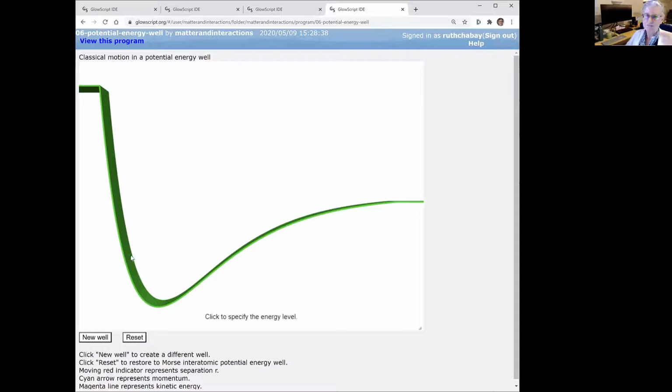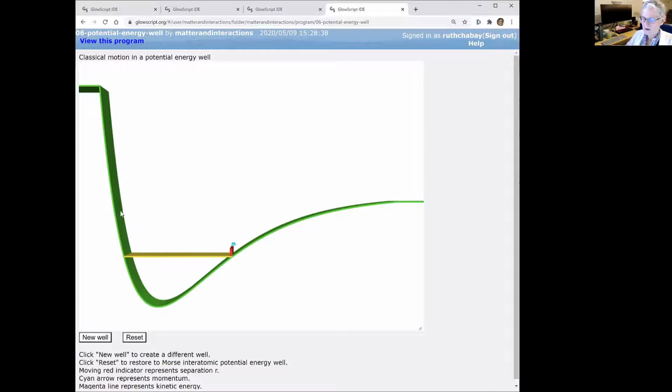We could visualize what would happen by picking a value of K plus U and thinking about, for example, a mass oscillating on a spring. Here the cyan arrow is momentum. So large momentum, large velocity, large kinetic energy. And that magenta line also represents the kinetic energy at that instant. If the potential energy of the system is the green curve, then the magenta line is K plus U minus U, so it's the kinetic energy.